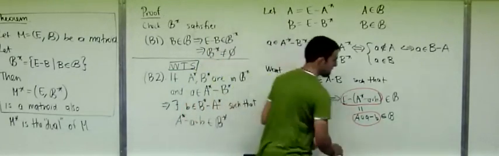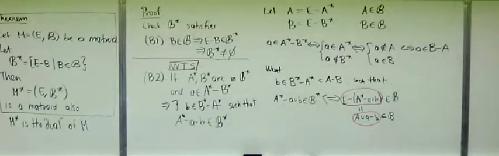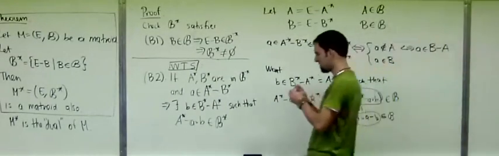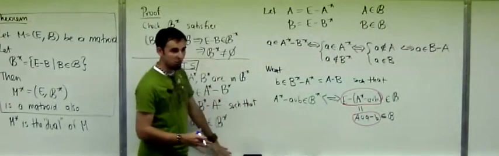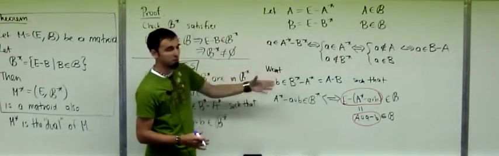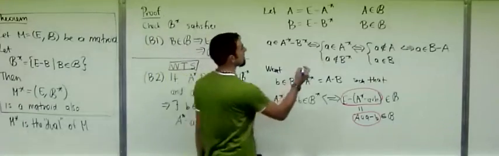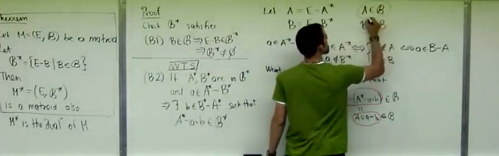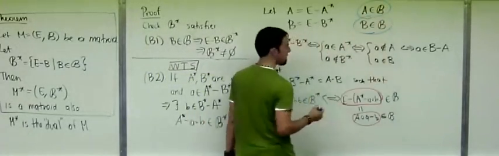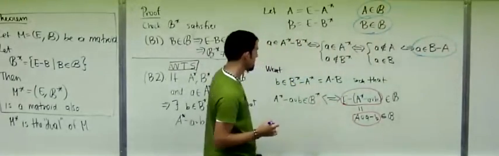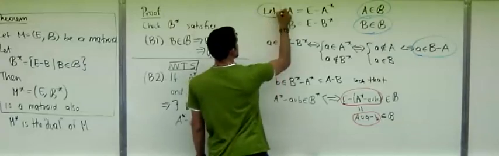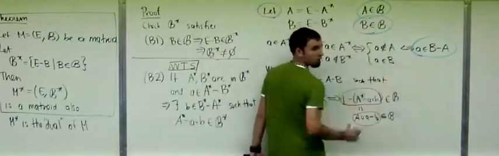And so now basically what I did is take this statement about B star and translate it into a statement about B. What does it say? I'm given A and B minus A. So let this guy, and this guy.